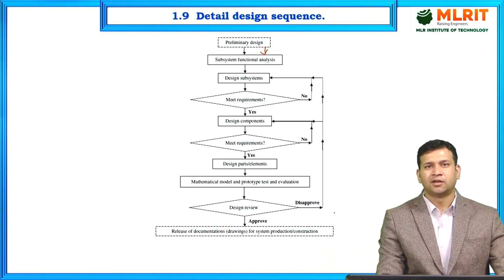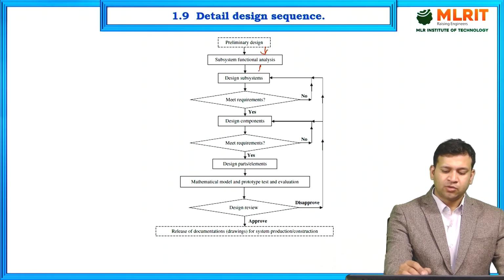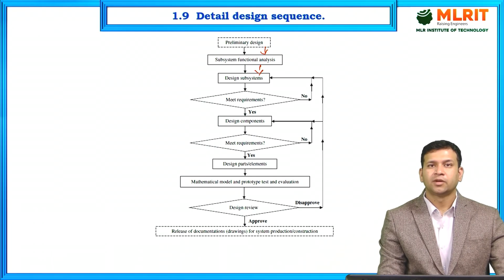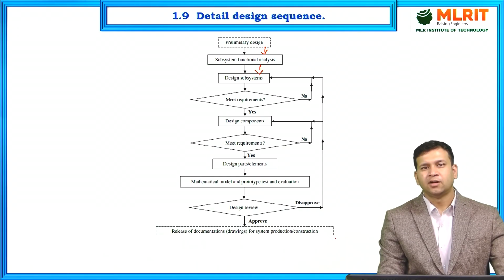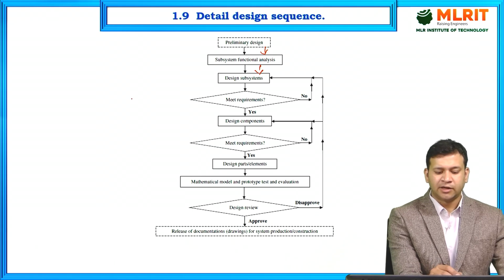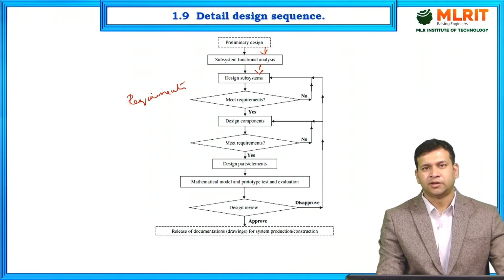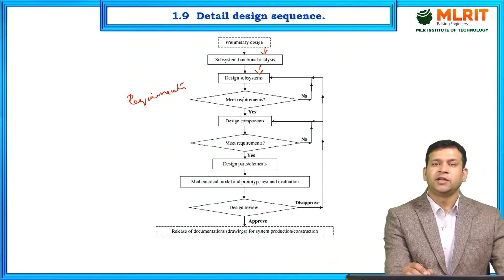Once the design is in the preliminary design phase, it will come to subsystem functional analysis. From there, it will go to design of subsystems. Once the design of subsystems is completed, it is checked whether the requirements of the design are met. If it is meeting the requirements, then we'll go for designing the components, else we'll go back to design of subsystems.